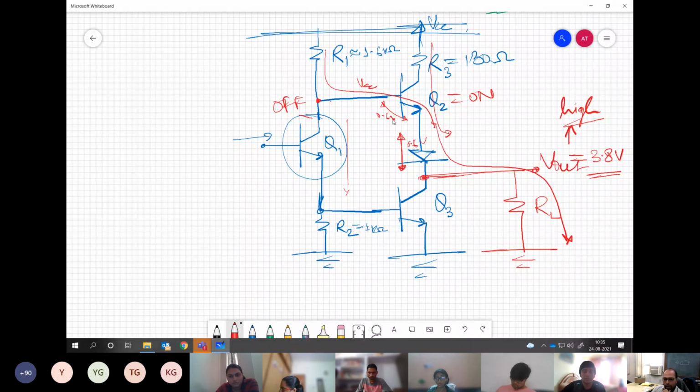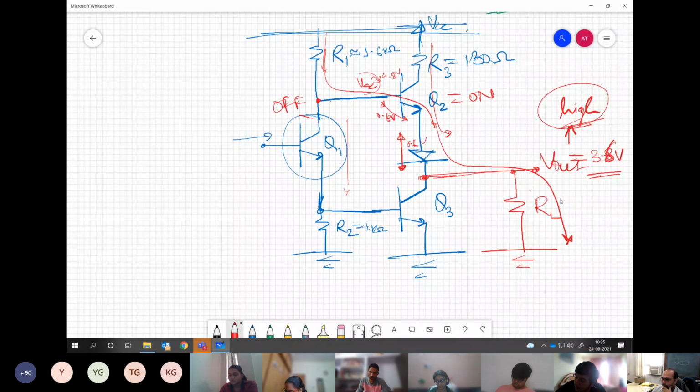Now, the only thing to understand is that this voltage is not dependent on RL, but it is dependent on the two diode drops subtracted from the applied voltage. Maybe some more because current is flowing, so it may be slightly lesser, let us say 4.8 volts. Then another 0.2 volts may come down to 3.6 or 3.4, but still it is in high mode.